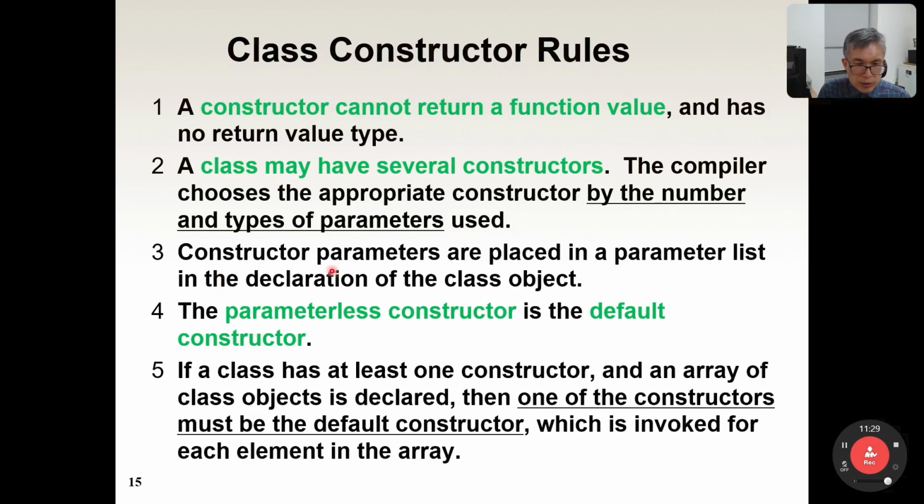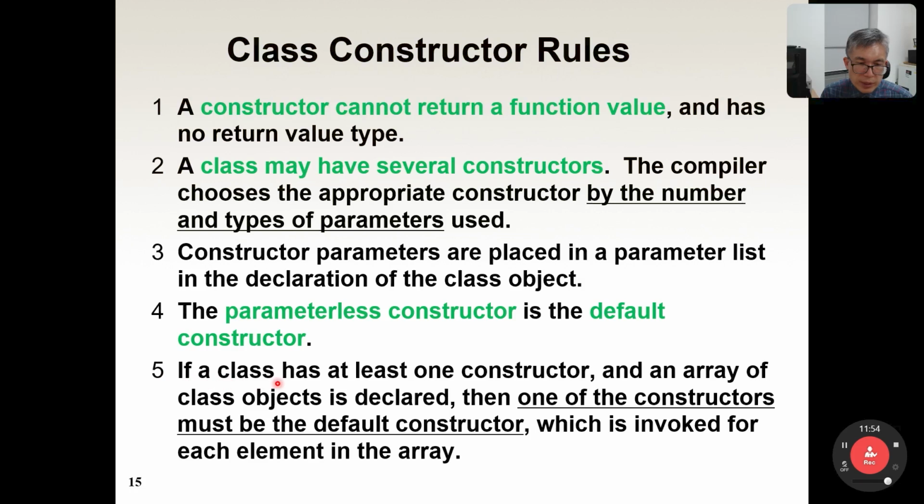Thirdly, constructor parameters are placed in a parameter list in the declaration of the class object. Fourthly, the constructor without a parameter list is the default constructor. So at least one constructor should be called whenever creating a new class object.